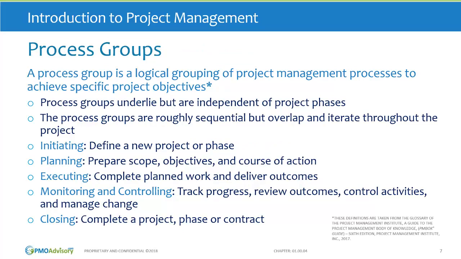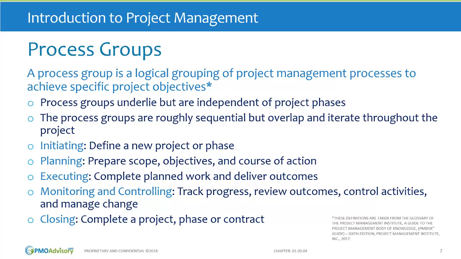Each of the processes fits into categories called process groups, otherwise known as domains. A process group is a logical grouping of project management processes to achieve specific project objectives. The process groups are not project phases, but they underlie the project phases.